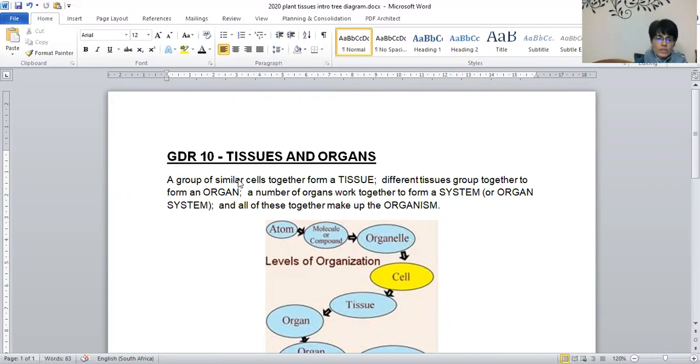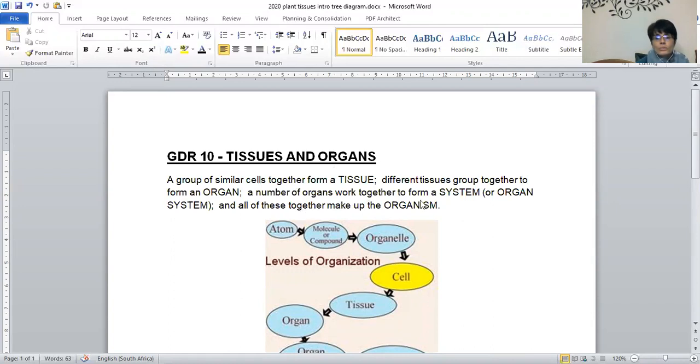So from those questions, you would have seen that there are cells, and a group of similar cells with the same structure and function would form a tissue. And then different tissues would group together to form an organ, like the connective tissue around a muscle, like the actual muscle, and then the blood vessels inside the muscle.